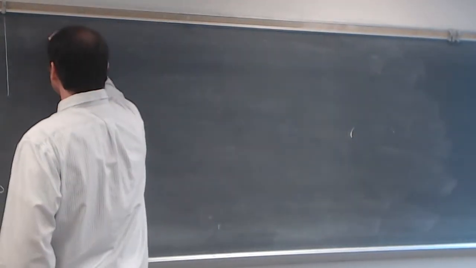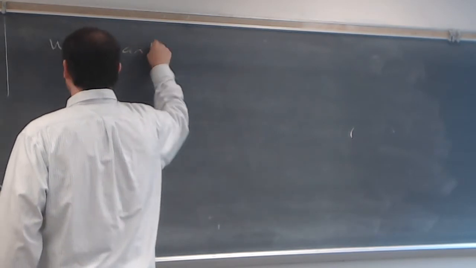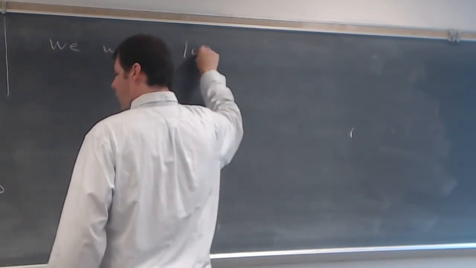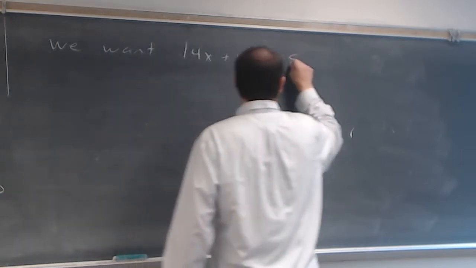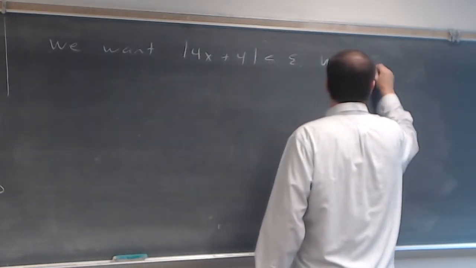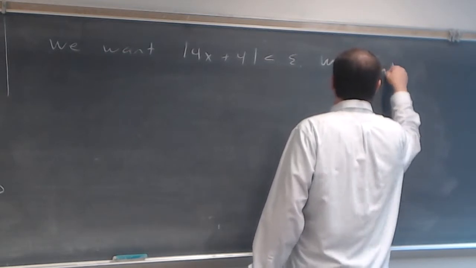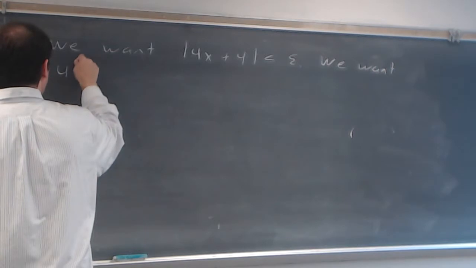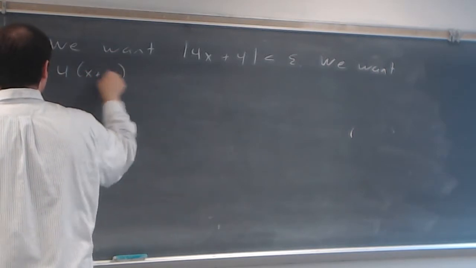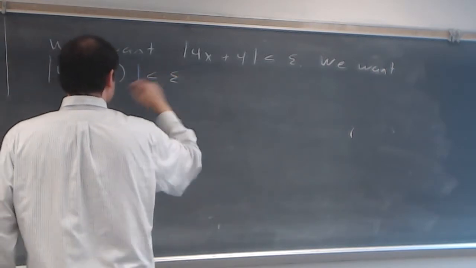So we want the absolute value of 4x plus 4 to be less than epsilon. That means we want 4 times x plus 1, inside absolute value, to be less than epsilon.